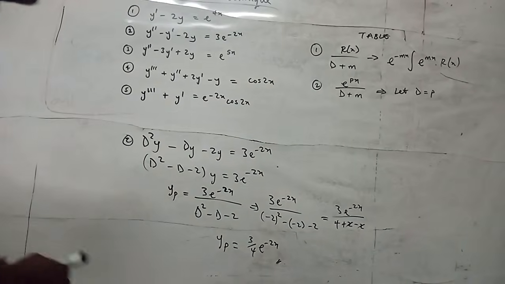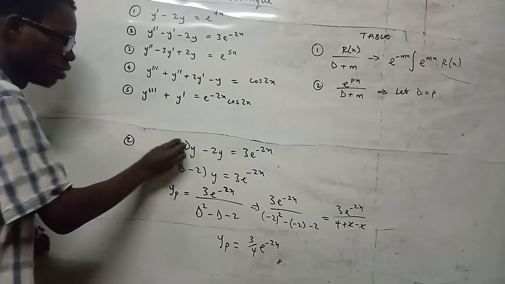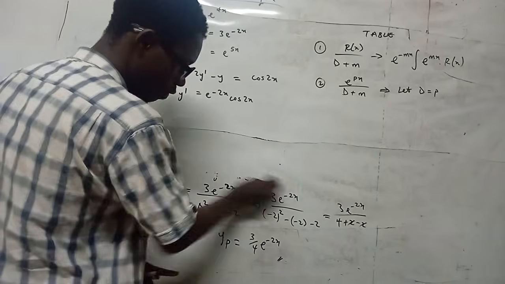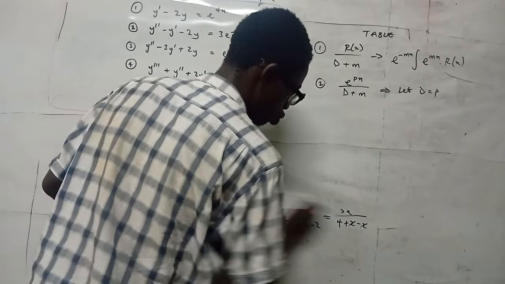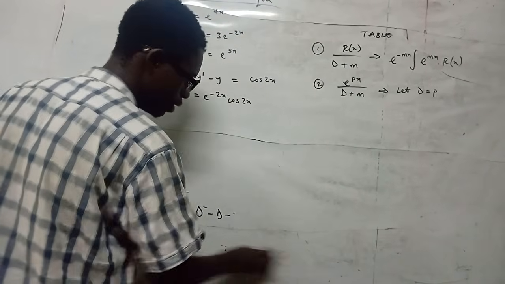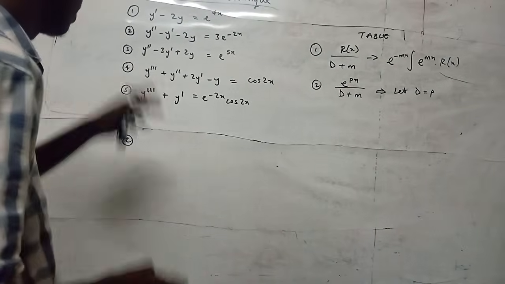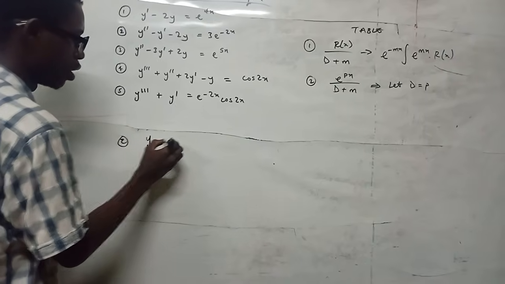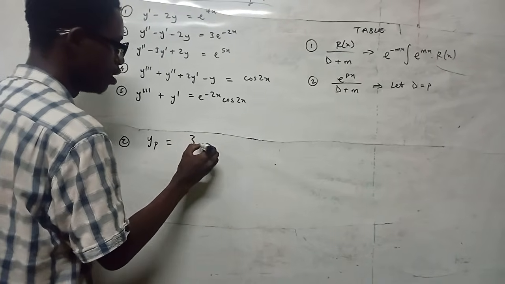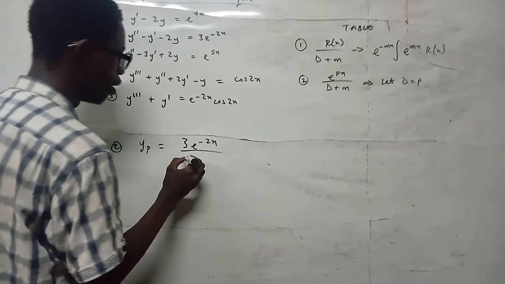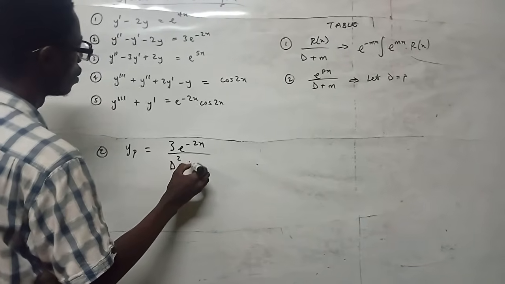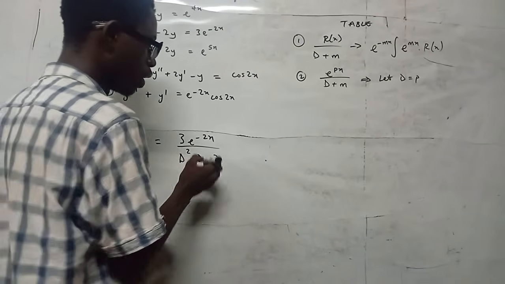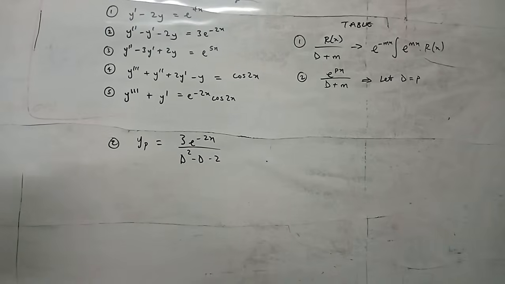So we are going to use the first method as well. Using the first method, we got 3 over 4 e raised to power minus 2x. For the first method, our yp equals 3e to the minus 2x over d squared minus d minus 2. So we can factorize this, minus 2 and 1.